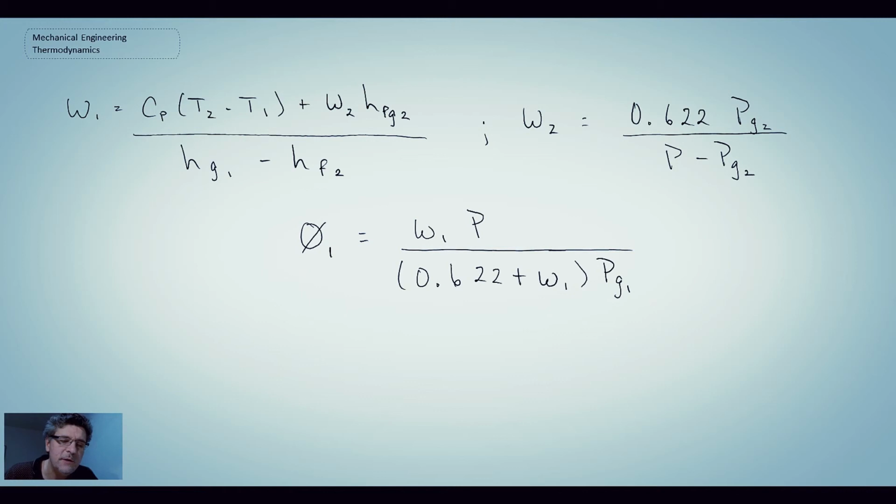So those are the equations you can use. You can see here that it's going to require going into the steam table and getting different parameters from the steam table. However, with that, you will be able to determine the specific humidity as well as relative humidity for your room conditions with only two temperature measurements. And so that's the idea of a wet bulb and a dry bulb temperature measurement.